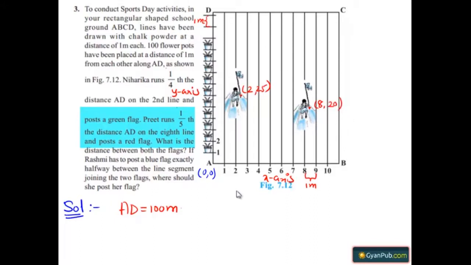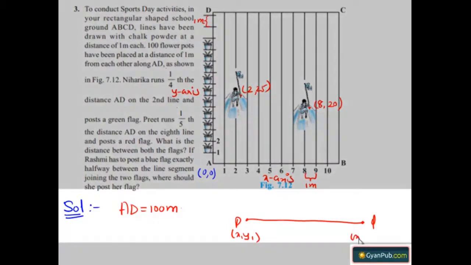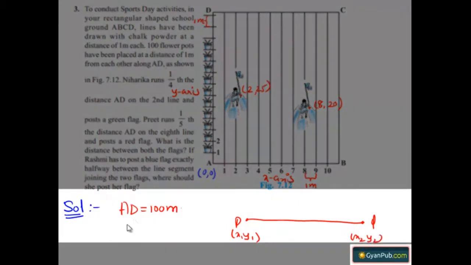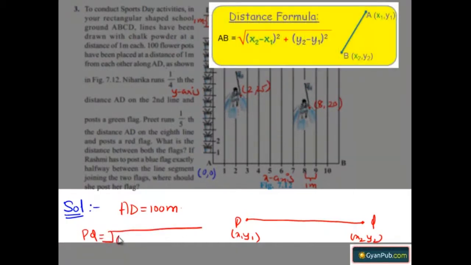We know that the distance between 2 points P(x1, y1) and Q(x2, y2) is given by PQ equals under root of (x2 minus x1) whole square plus (y2 minus y1) whole square.